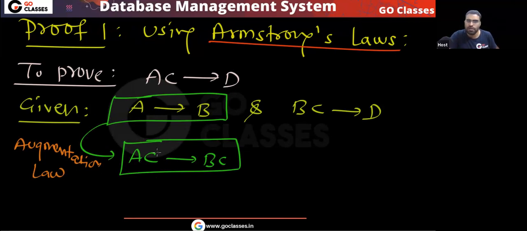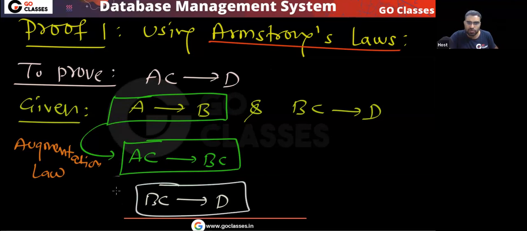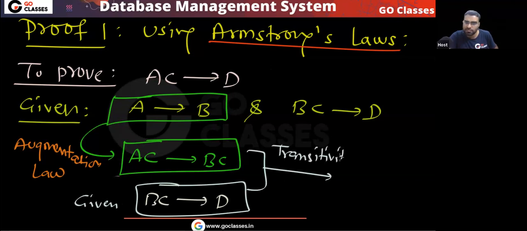Now, BC determines D is already given to you. From these two, you can apply transitivity. If you apply transitivity, what will you get? You will get AC determining D. Understood? Let me know.